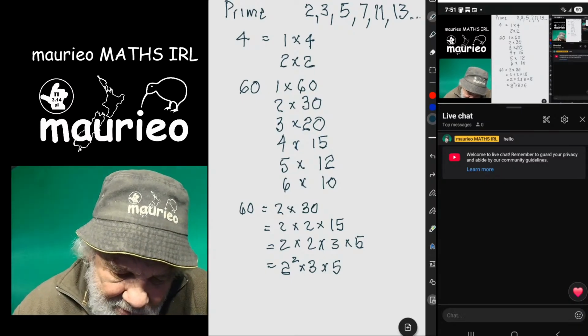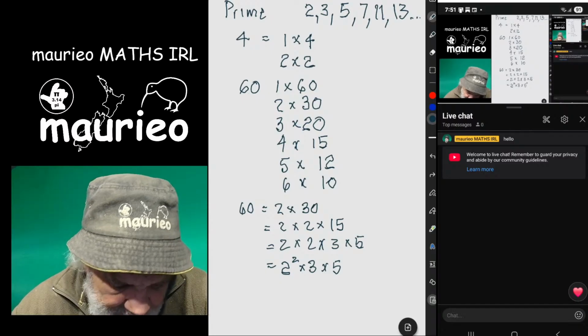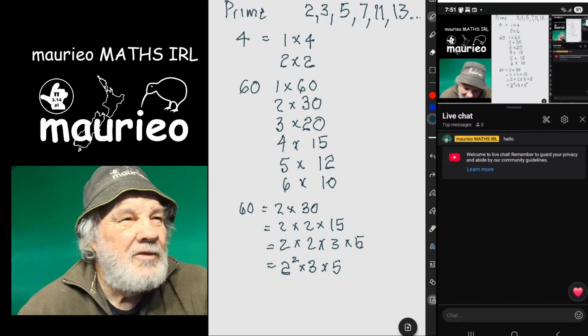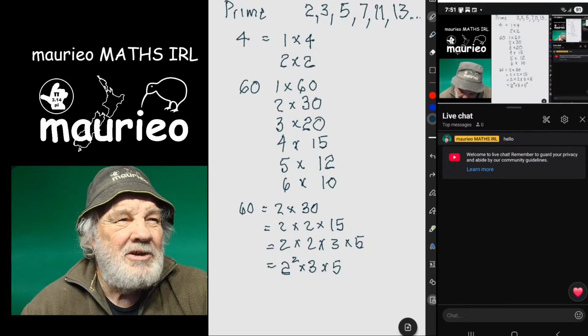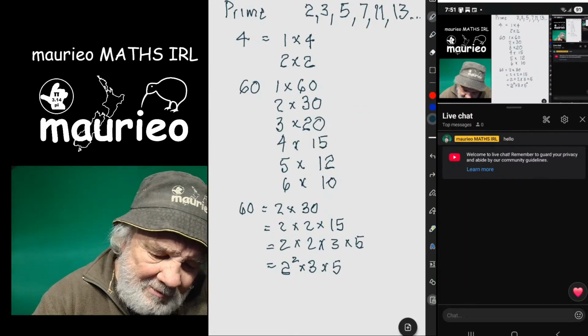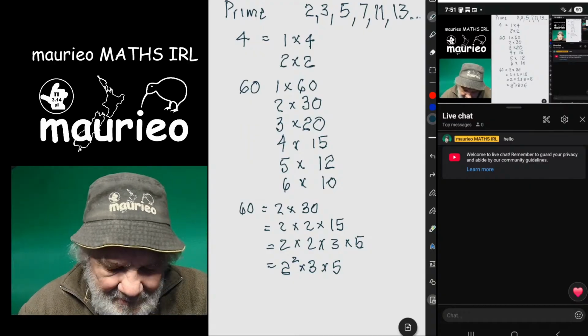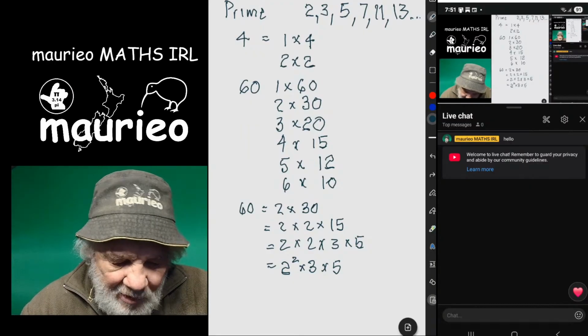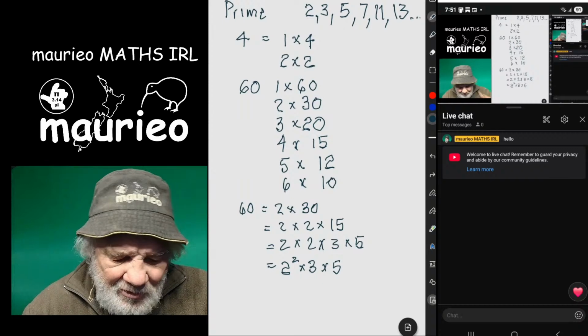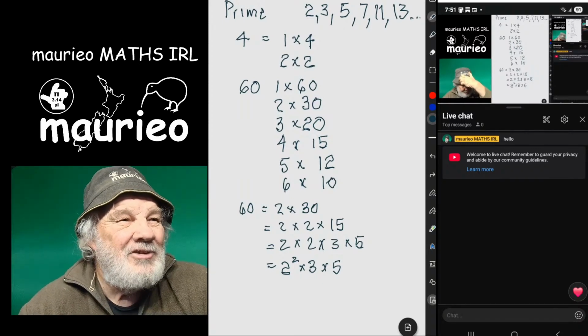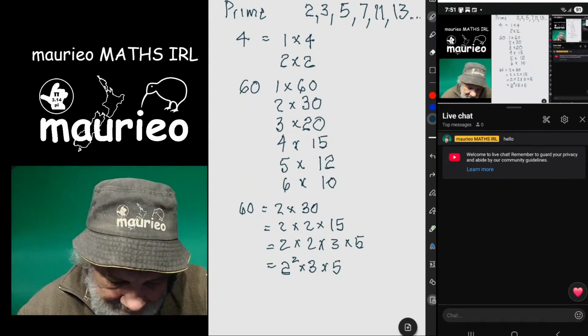Any number can be written as a product of its primes, as we said up here. The prime numbers, of course, 1 times 2, 1 times 3, 1 times 5, just have themselves and 1.